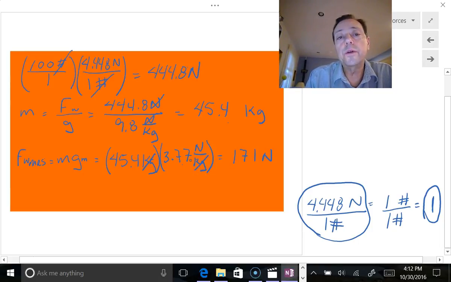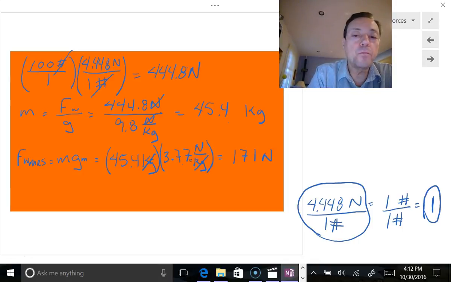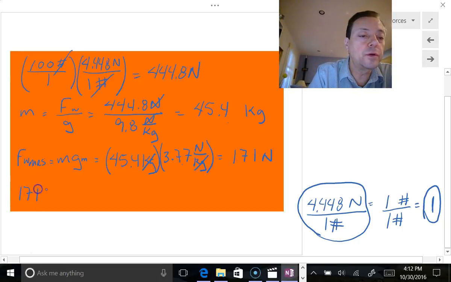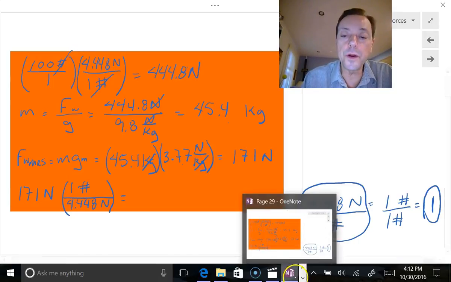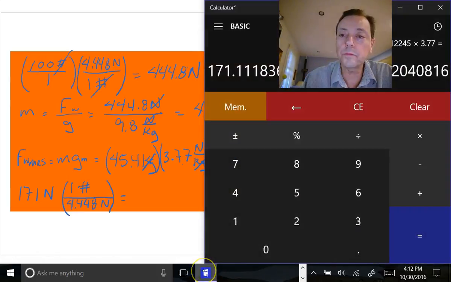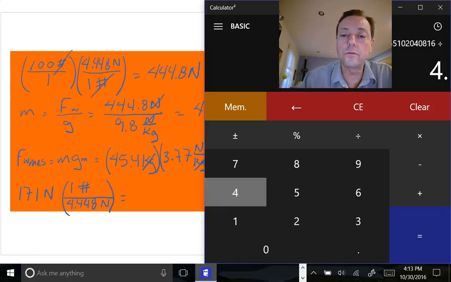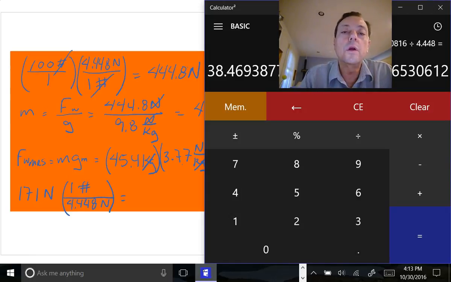If I wanted to see what that was in pounds, I would take the 171 newtons and multiply by my conversion, 1 pound per 4.448 newtons. So I'm taking 171 and dividing by 4.448. And I get about 38.5.